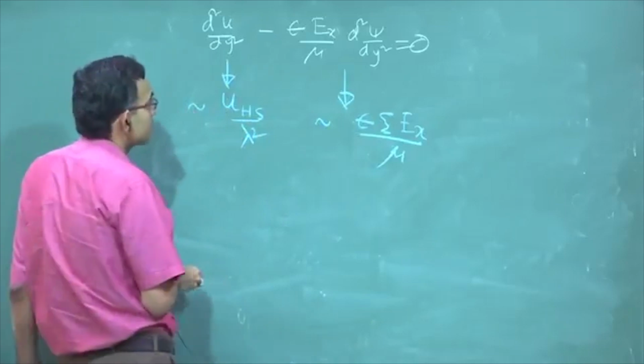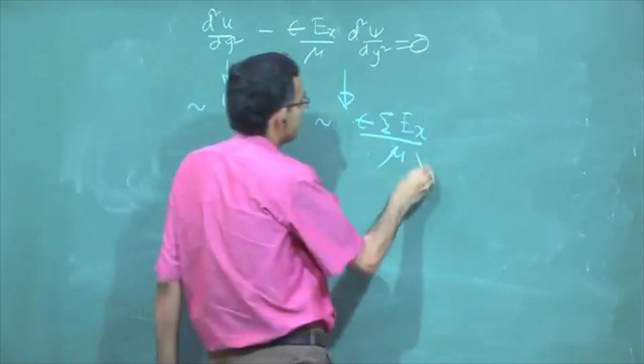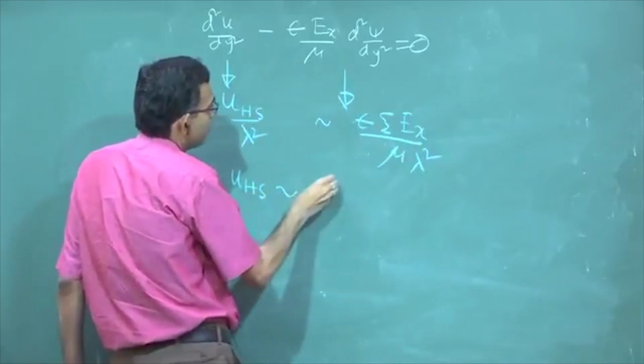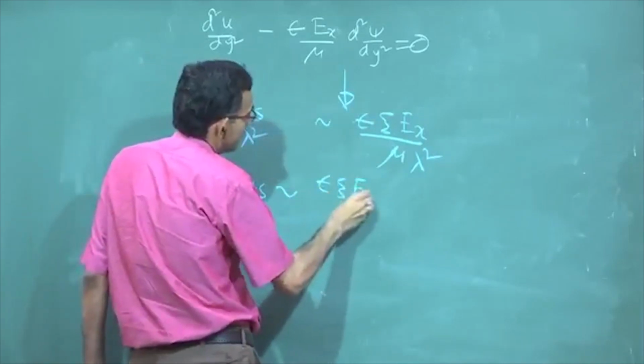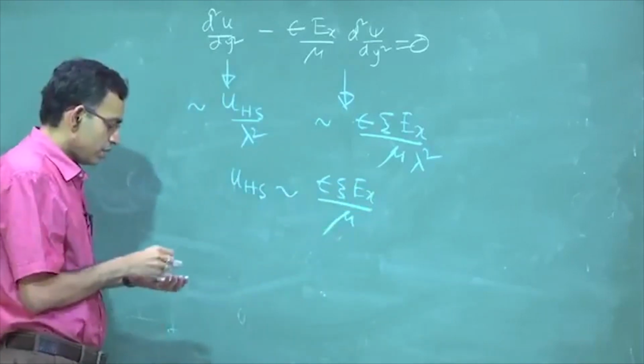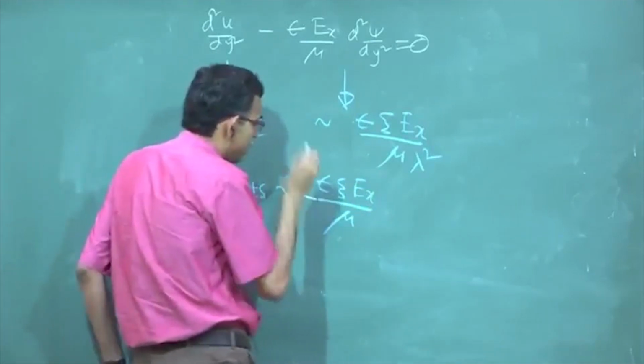So UHS is of the order of epsilon zeta Ex by mu, and normally we give it a minus sign.